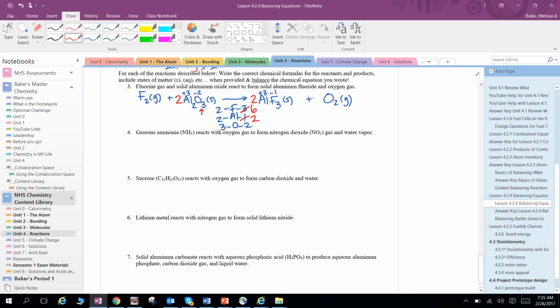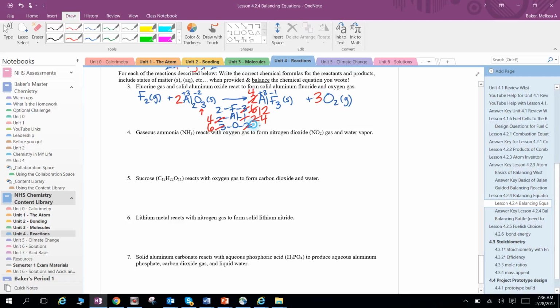So I'm going to throw a 2 in front of my Al2O3, which makes this 4, and now I have 6 oxygens. So now I need to go back and change this that I already changed to a 2 into a 4 because I need 4 aluminums. That also changes my fluorines to 12. 4 times 3 is 12.